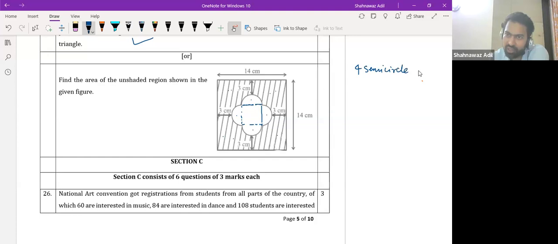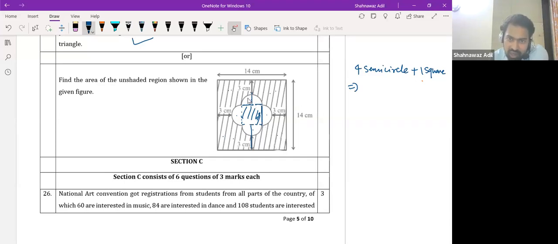Four semicircles plus one square. So this is the area, right? And remember that this is 3. This and this one would be equal.